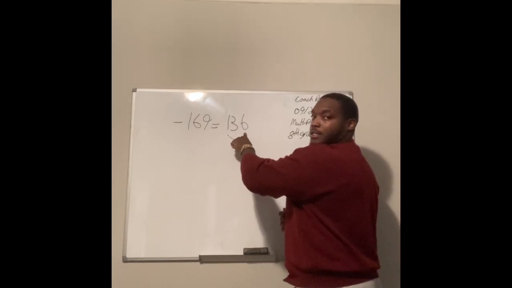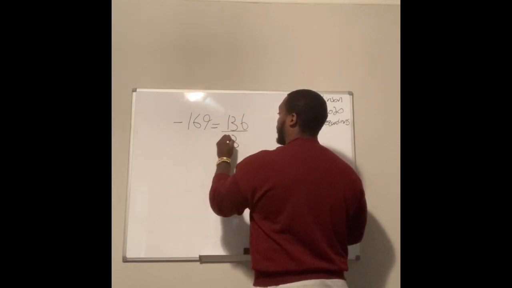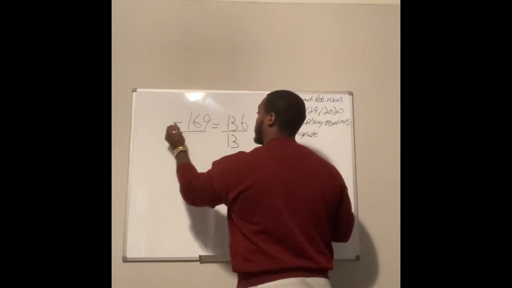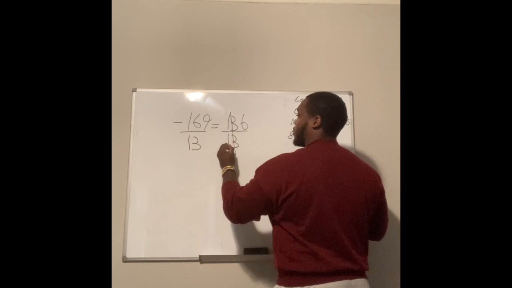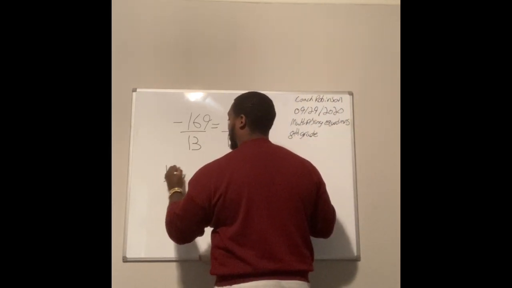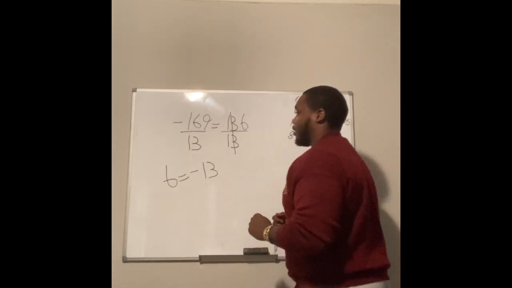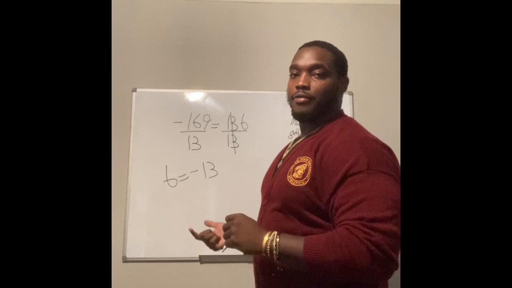So I have to divide by 13, and whatever you do to one side of the equal sign, you have to do to the other side as well. So divide this side by 13 as well. These two 13s will cancel out, and b equals negative 13, because negative 13 times a positive 13 is negative 169.